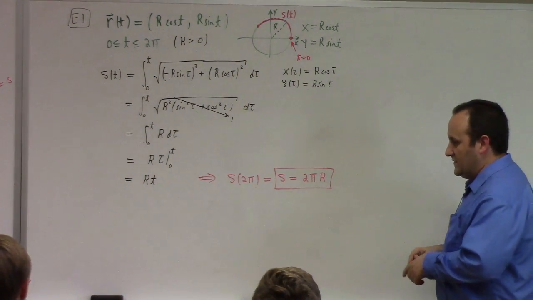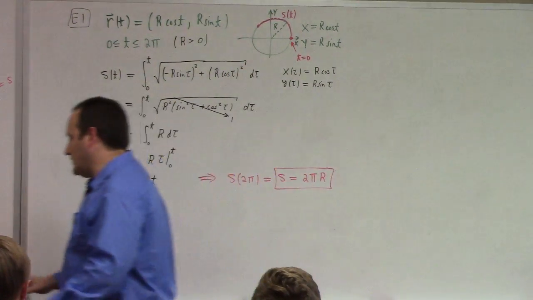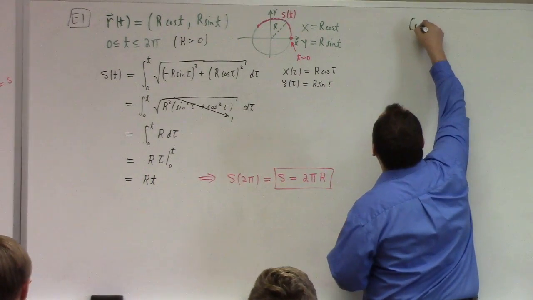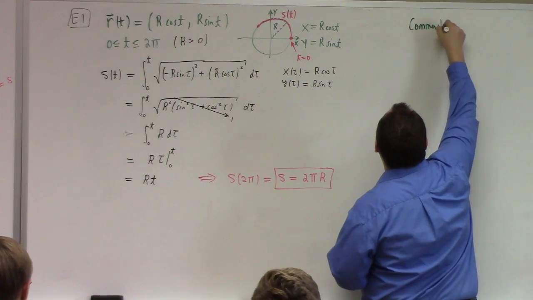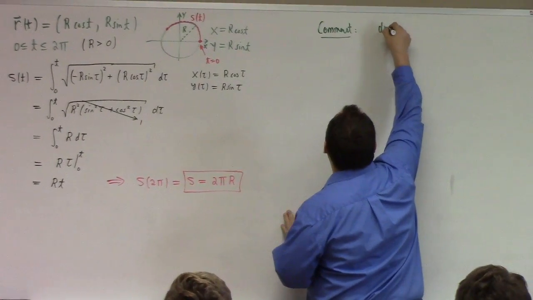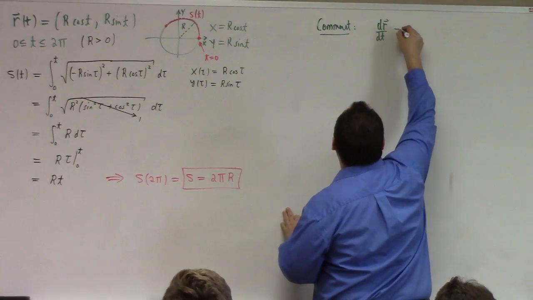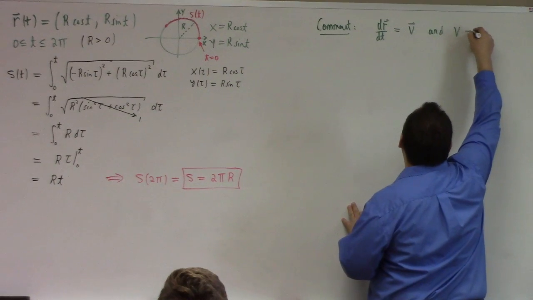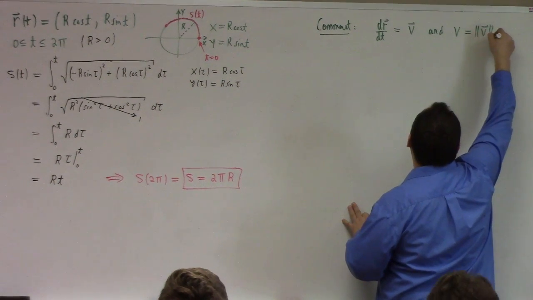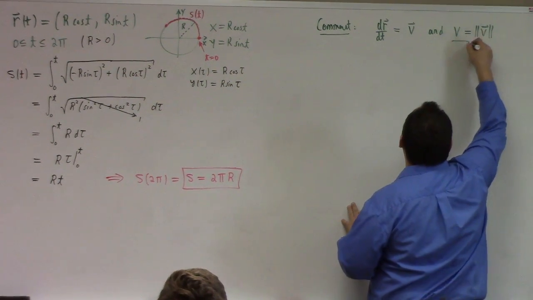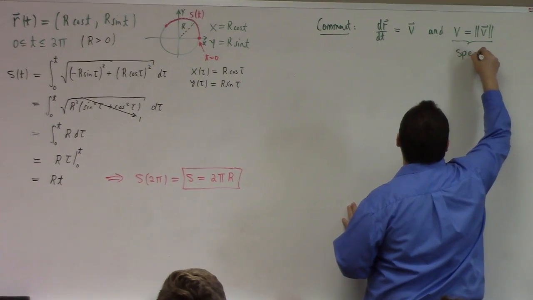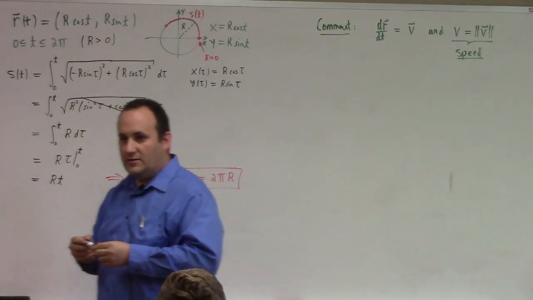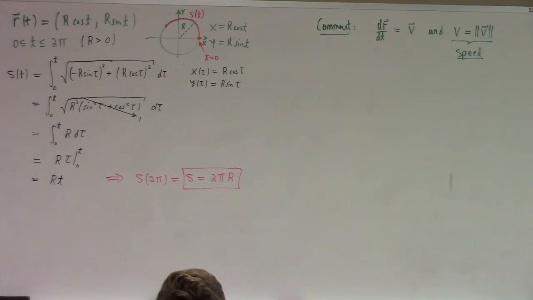Is there anything else you could say about this example? Something I should make a comment on here. This is an important thing to notice. So dr/dt is equal to the velocity, and v without the vector on it is defined to be the magnitude of v. This is the so-called speed. The speed is the magnitude of the velocity. How do you calculate arc length?